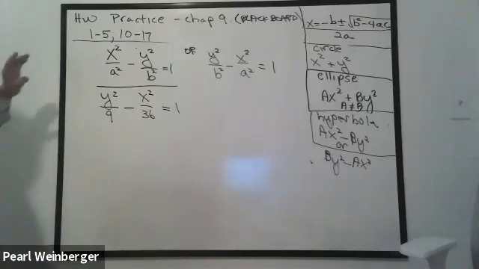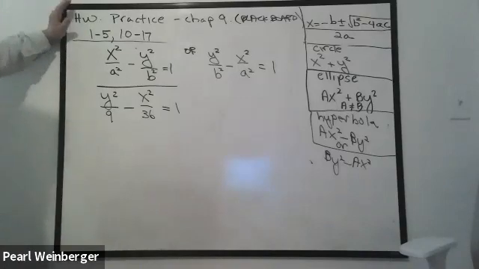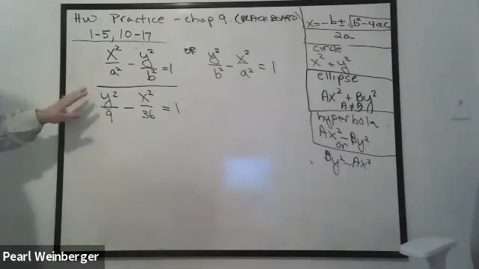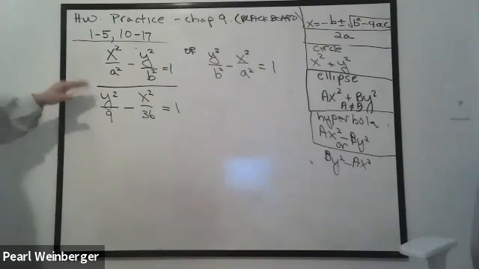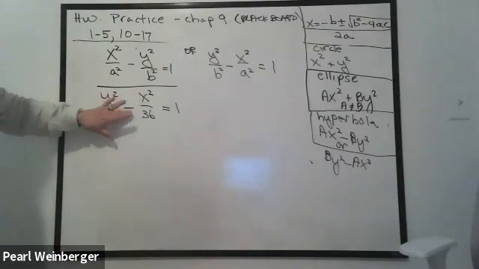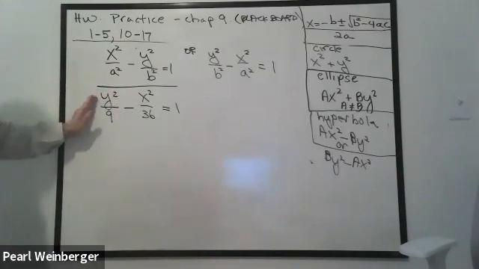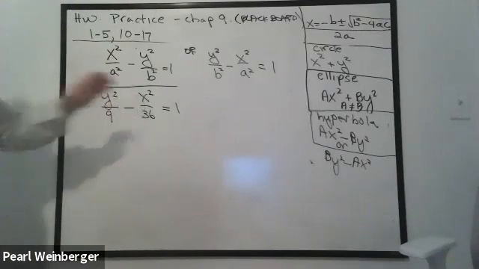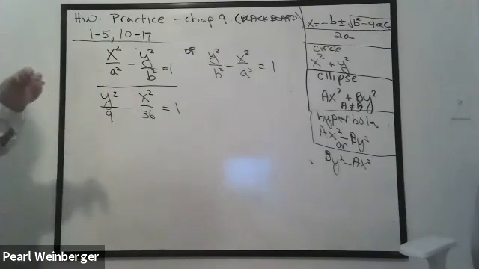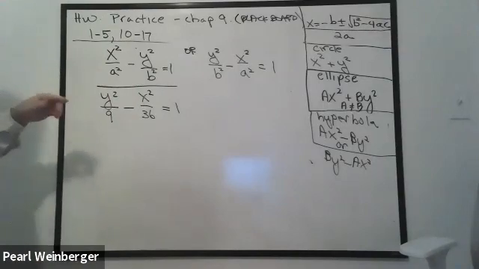If we think about this, it's definitely a hyperbola because we have an x squared and a y squared term, but the sign in between them is negative. The y squared happens to be the positive in this case, and the x squared is the negative. Again, that's the sign that what we have is a hyperbola.